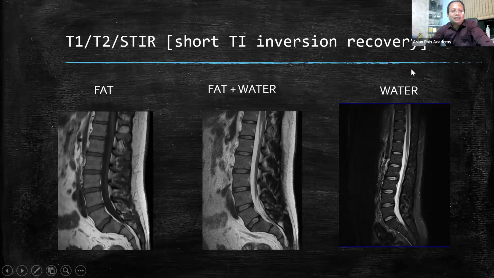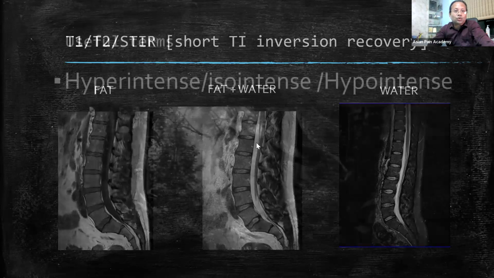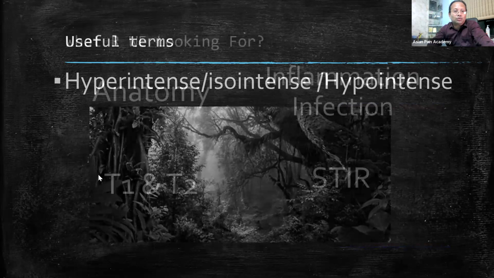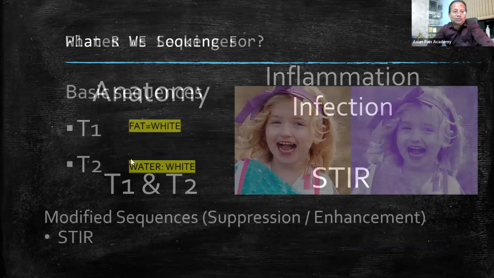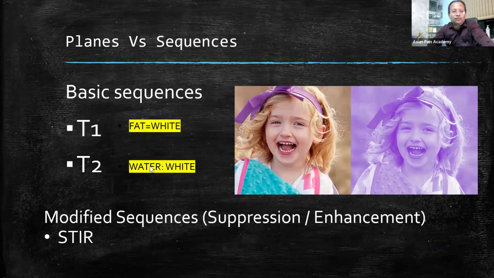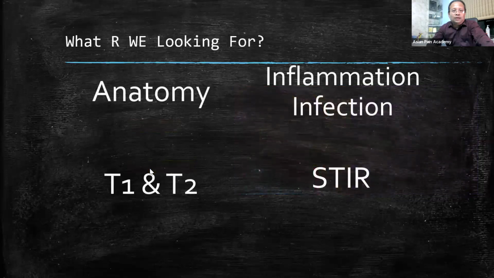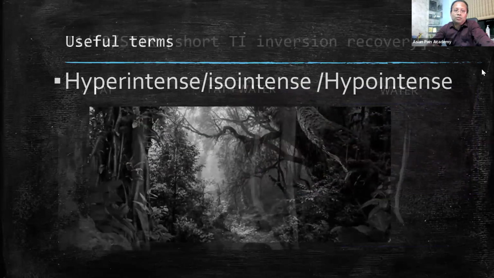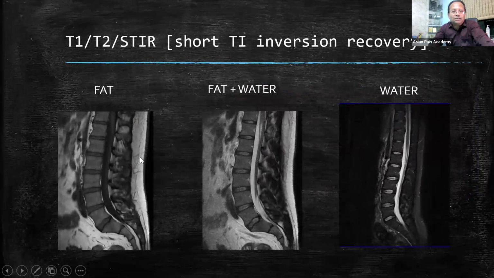And in STIR, I told you fat is suppressed, so here only water is white. So T1 fat white, T2 fat plus water white, and STIR only water white. Remember this. Now this was the sagittal section.